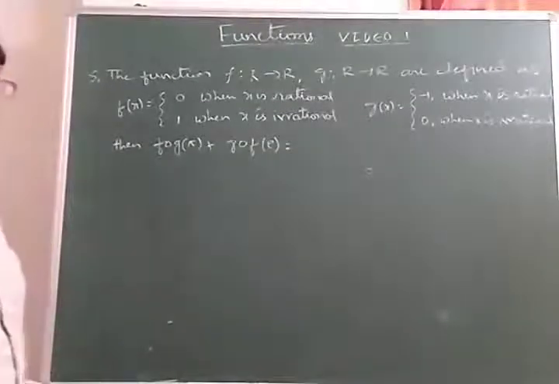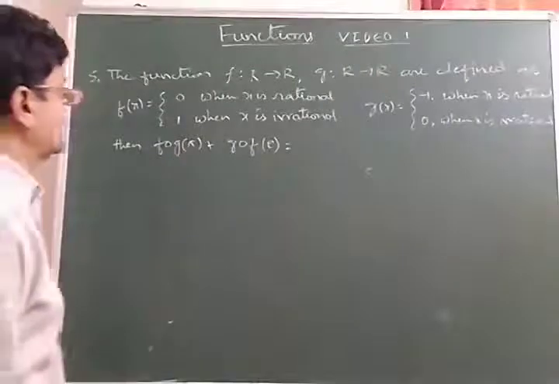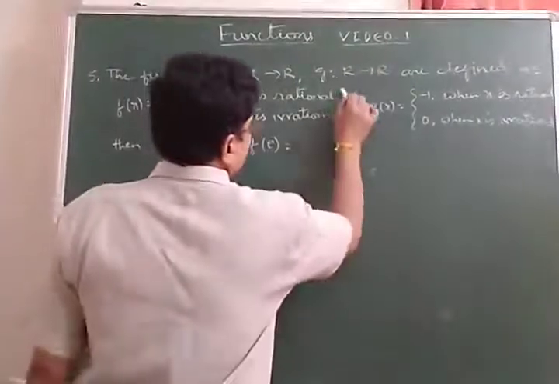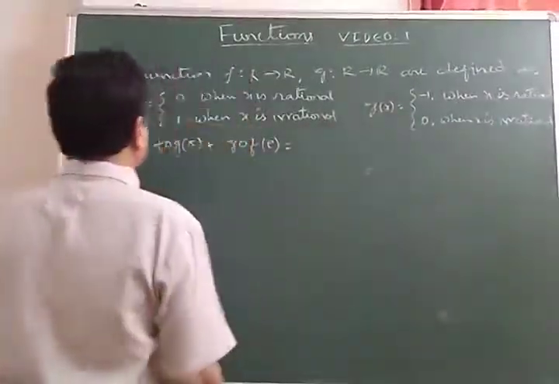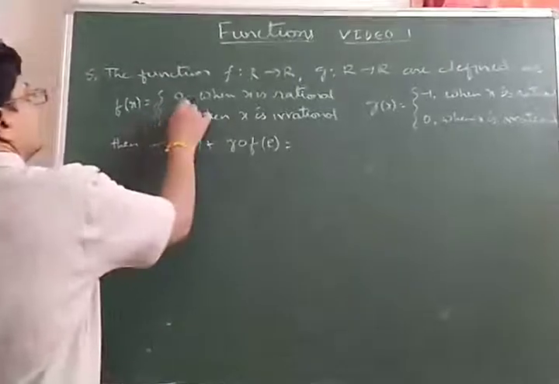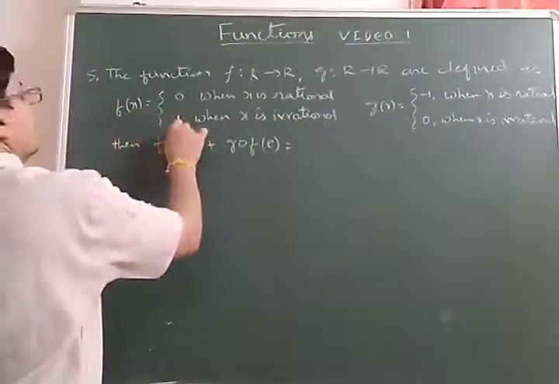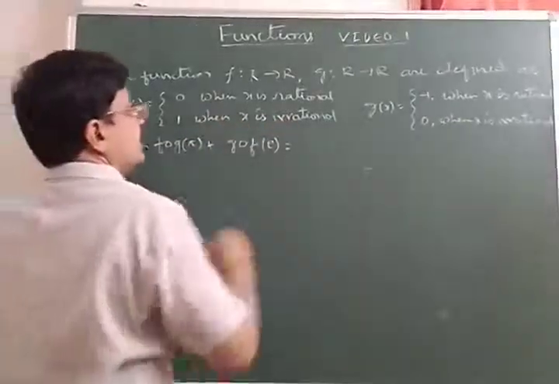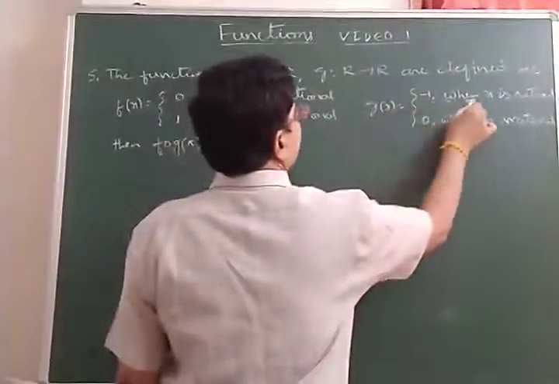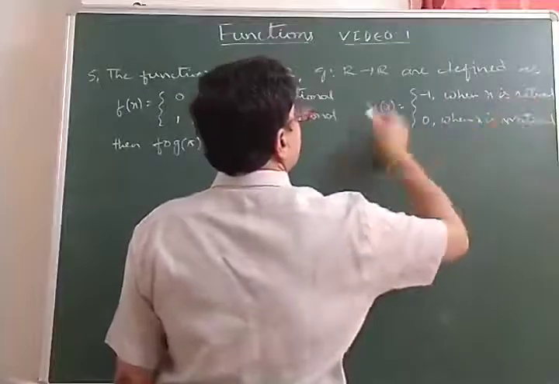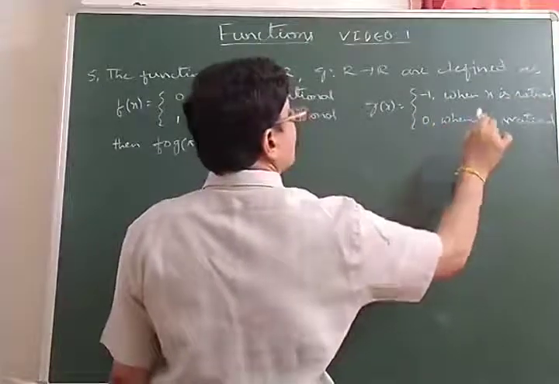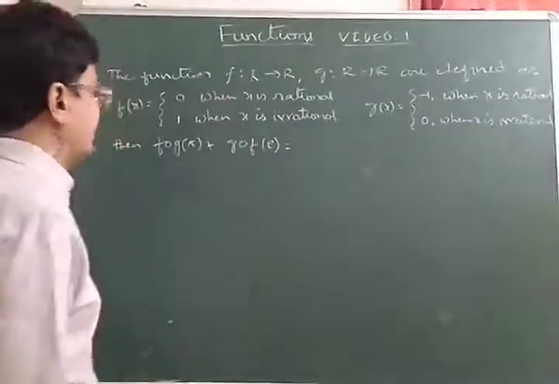Question number 5. The functions f mapping R to R and g mapping R to R are defined as f of x is equal to 0 when x is rational, and f of x is equal to 1 when x is irrational. g of x is equal to minus 1 when x is rational, and g of x is equal to 0 when x is irrational.